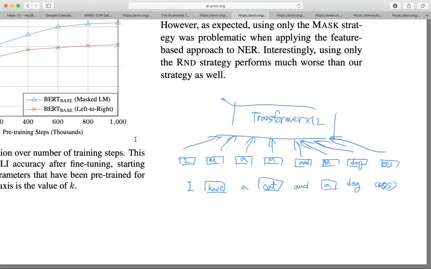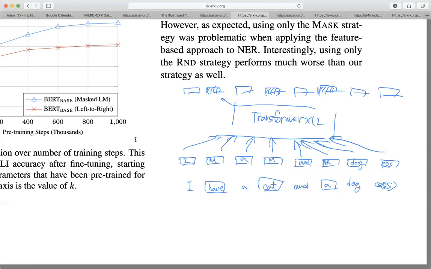Obviously the same number of output tokens will be generated from the transformer. So there will be here 1, 2, 3, 4, 5, 6, 7, and 8. These are the output tokens corresponding to the masked tokens from the input.